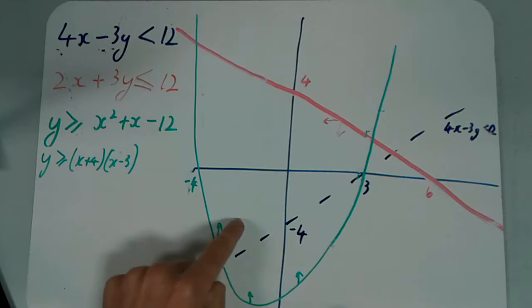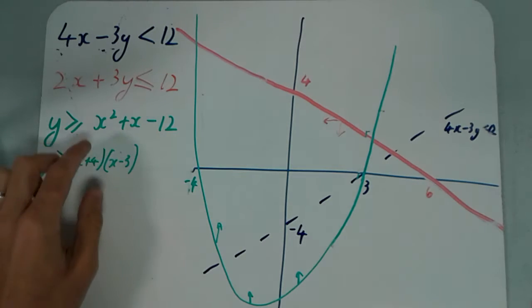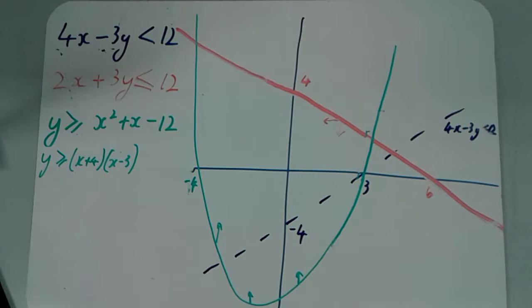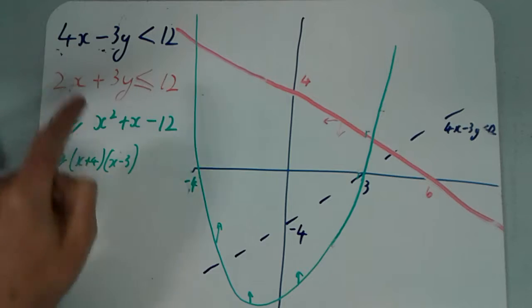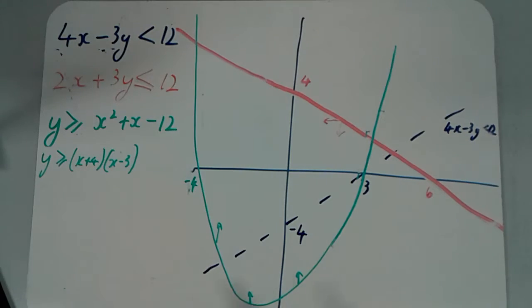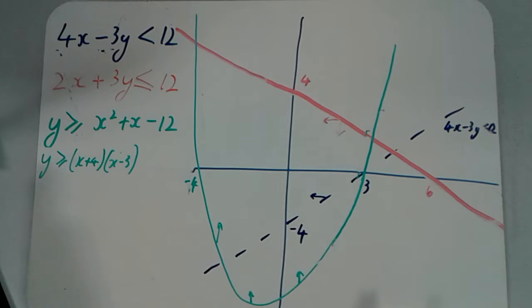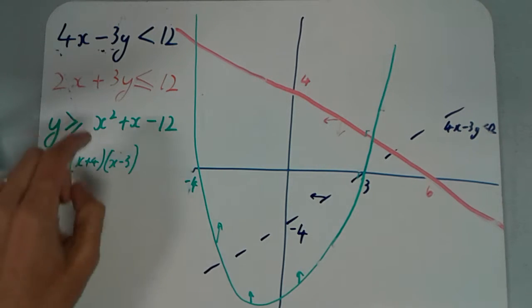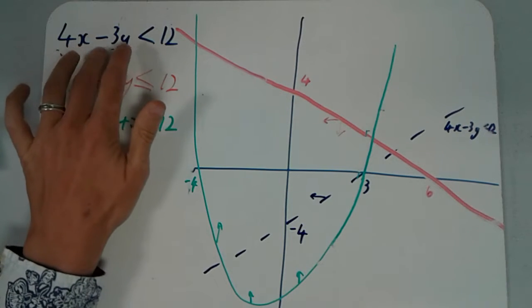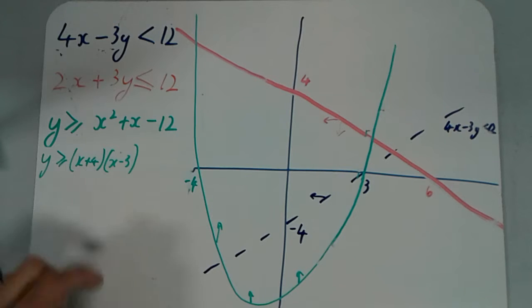I'm just not sure which side of this blue line I will need to shade. So let's look at this blue line. Looking at the x value, it says that it has to be less than the value there. So remembering again, that means I'm looking at the region to the left of the line. We'll need to be a little bit careful if we consider the y value, as we have a negative y value.